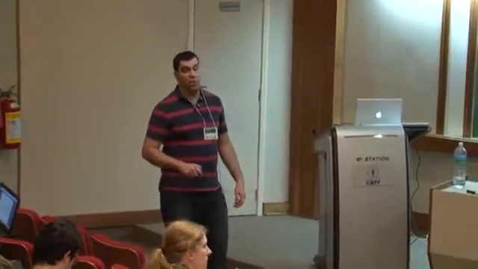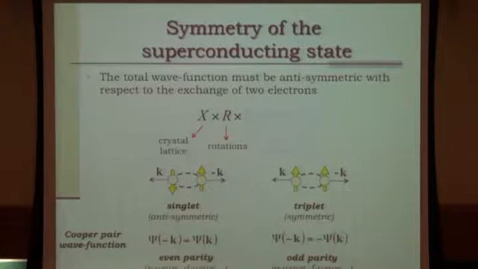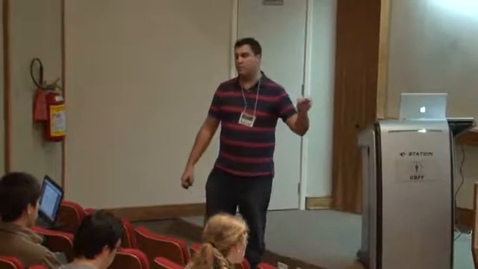Okay? G wave, I'm sorry. Thank you. Triplet, on the other hand, has to have odd parity, meaning that the wave function has to acquire a minus sign if I change k to minus k. Then I can have L equals 1, which is P wave, L equals 3, which is F wave, and so on. This is the language that you get from orbital physics.